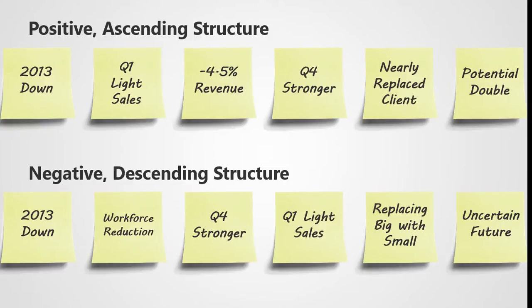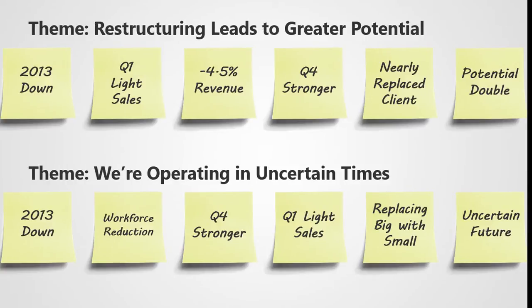And you can see how the exact same information put together in 2 different orders with different spin on the information gets us to very, very different end results. And this is why you always have to build that theme up front. You have to understand what your opinion is on the information, not just present the information itself. So up top, your theme might be, okay, don't worry, we've gone through a down year, but we've gone through some restructuring, and that restructuring's made us a more efficient company.